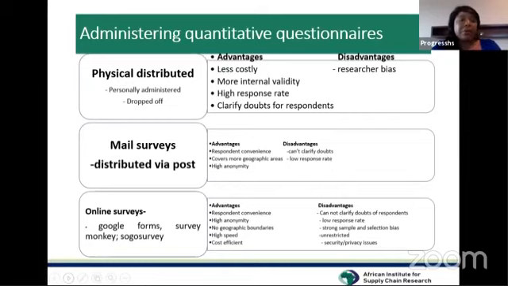The other way through which you as the researchers can distribute your surveys is through mails. You can literally have your questionnaires distributed through post. You can have them posted, but for you to do that, you need to make sure that you have a mailing list that has all the required information of your respondents.